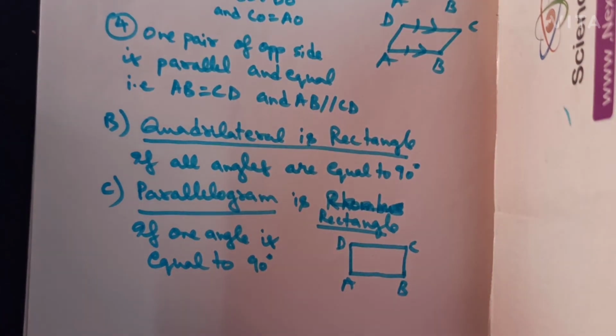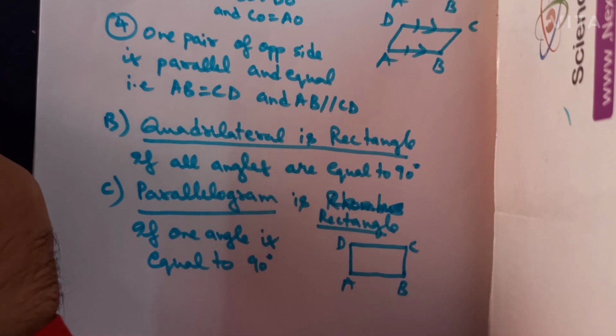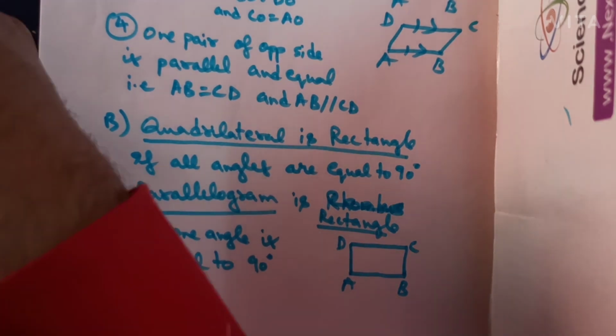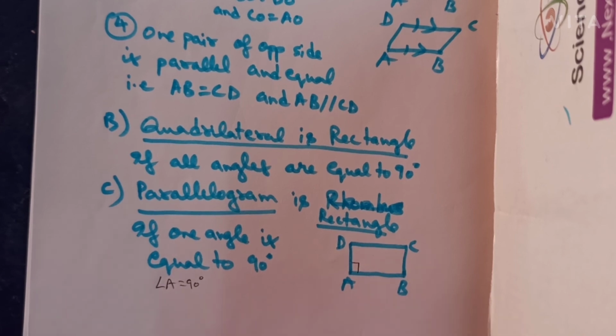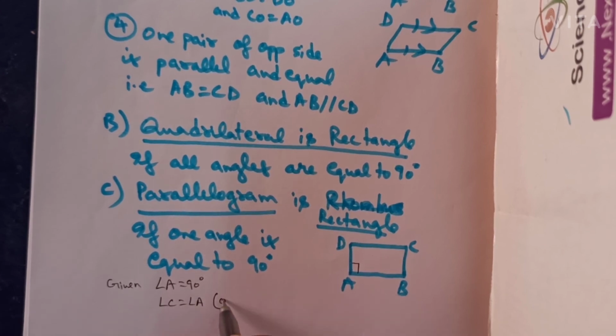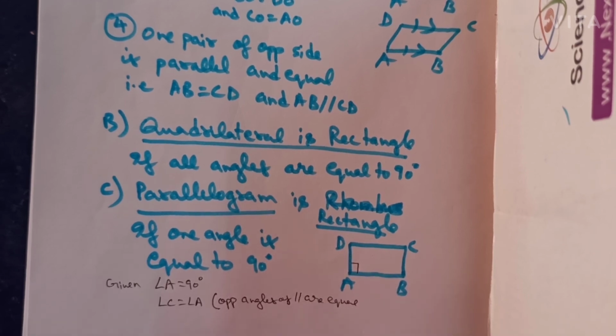Now you must be thinking why and how. So look, in a parallelogram, let's say angle A is equal to 90 degrees. Then angle C will be equal to angle A, because opposite angles of a parallelogram are equal, so angle C will also be 90.